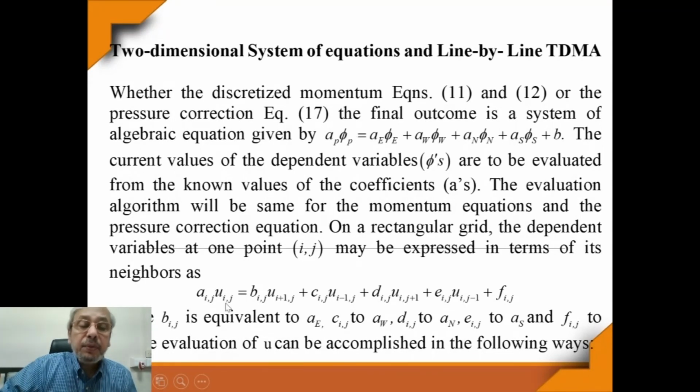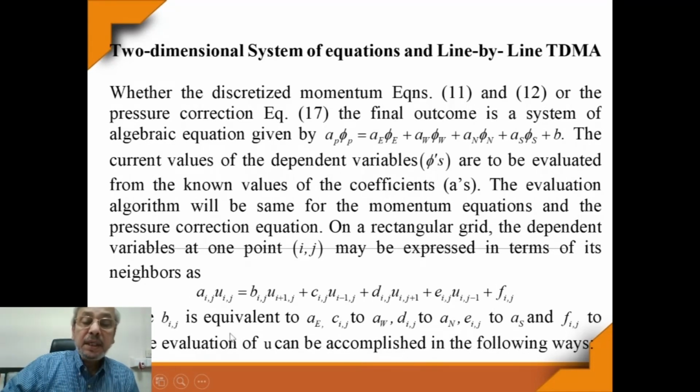Instead of phi p, if we write uij, the coefficient is aij. Instead of phi e, if I write eastern neighbor, ui plus 1j, the coefficient is bij. Western neighbor, phi w, ui minus 1j, its coefficient; ui j plus 1, its coefficient; ui j minus 1, its coefficient, plus fij, all the remaining terms.